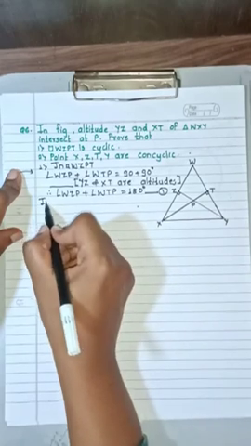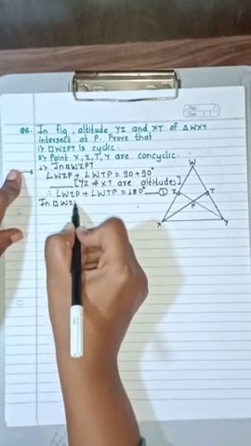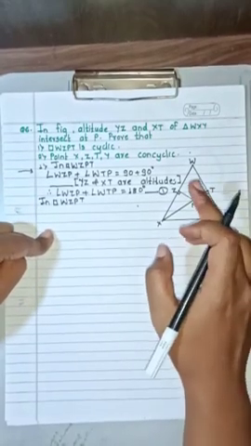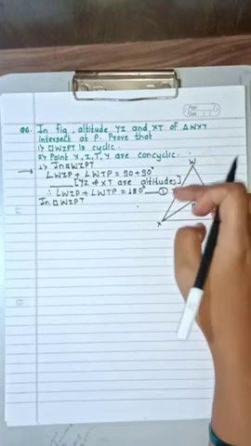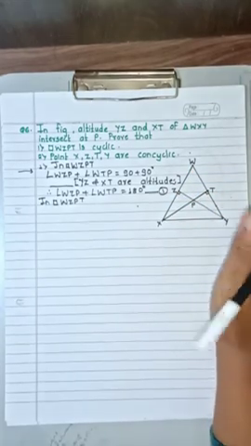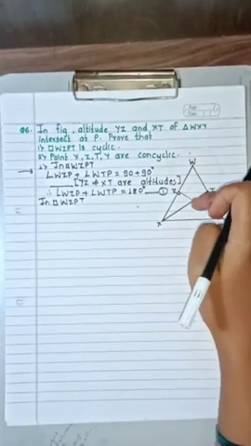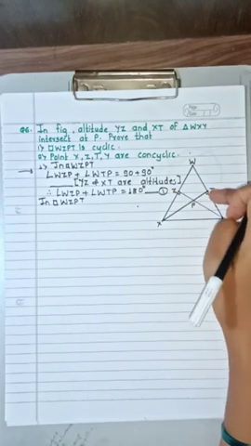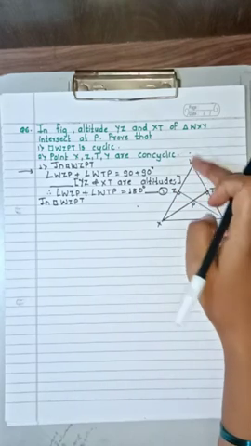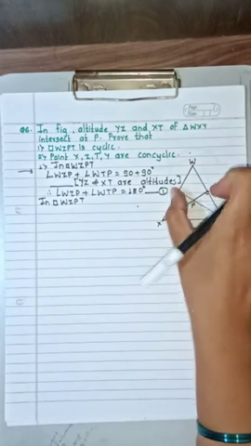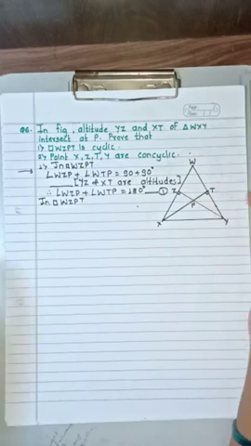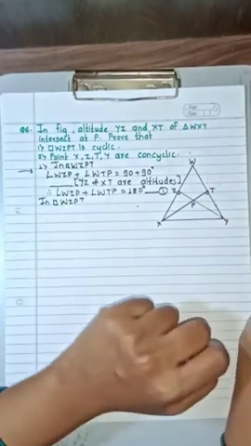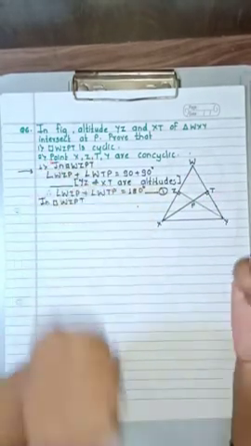Okay. Now, in quadrilateral WZPT, you know that the measurement of all the angles will be 360 degrees. Angle WZP plus WTP plus ZPT plus ZWT. Two opposite angles, this angle and this angle, are 180 degree, and this angle plus this angle will be 180 degree, and all together it will be 360 degree.